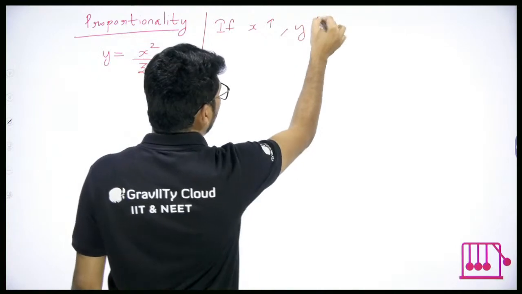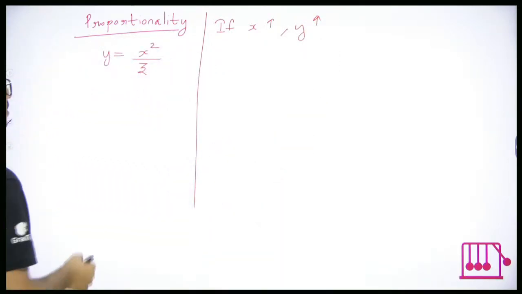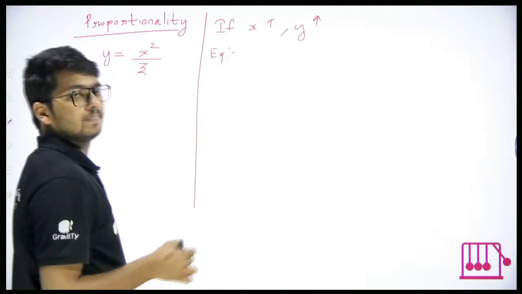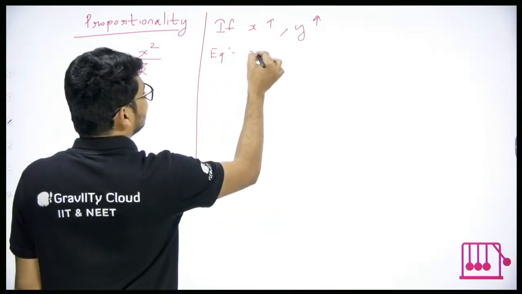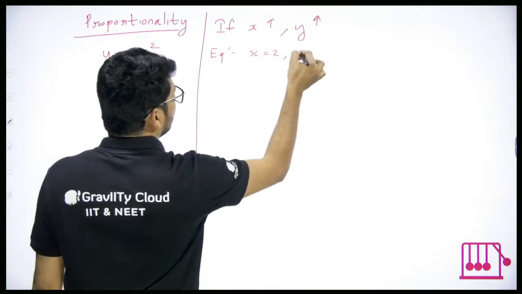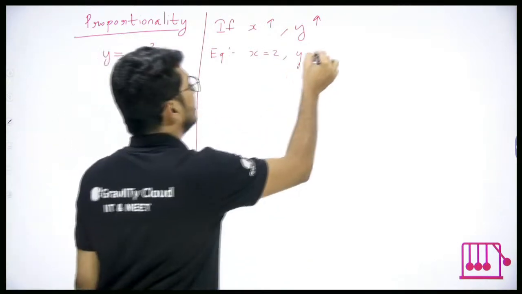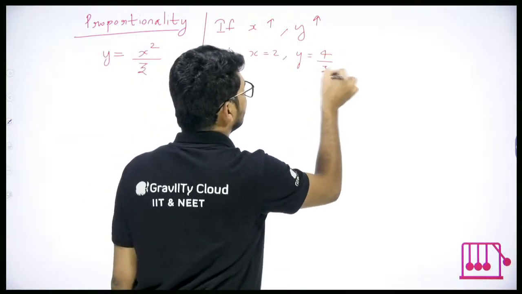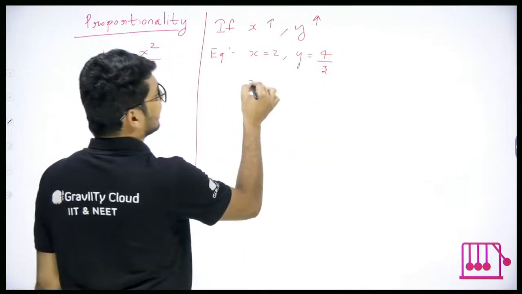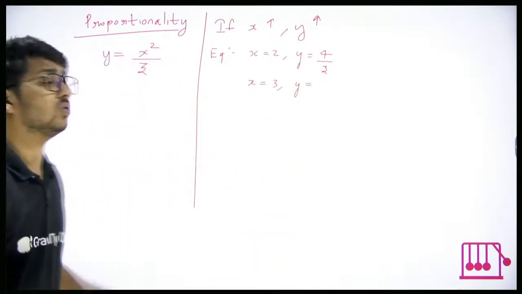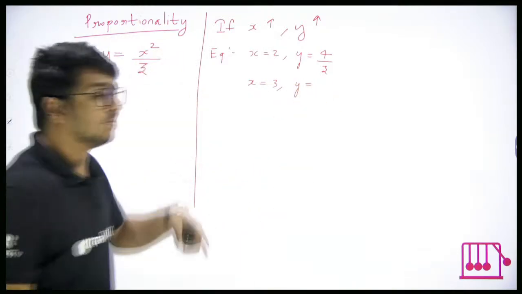I'll just give you an example. Say x is equal to 2. Then y is equal to x square, 2 square, 4 by z. Then I'll take x is equal to 3. Then y is equal to 3 square, 9 by z.